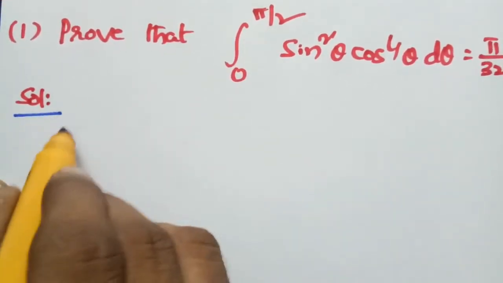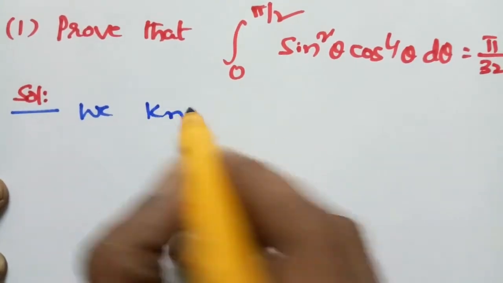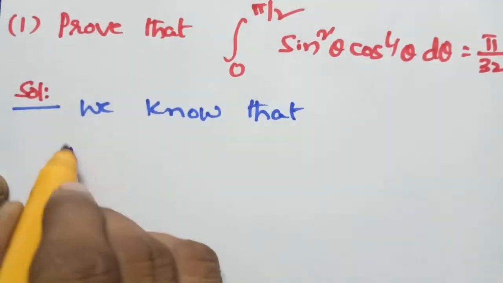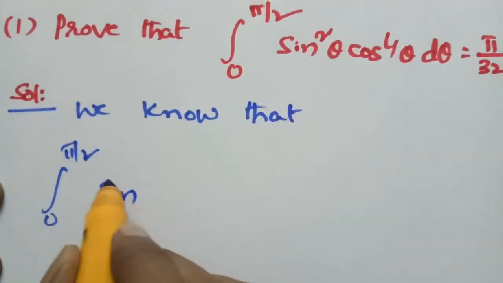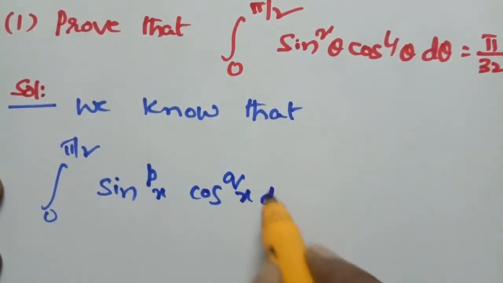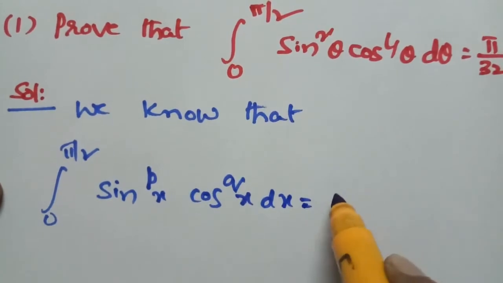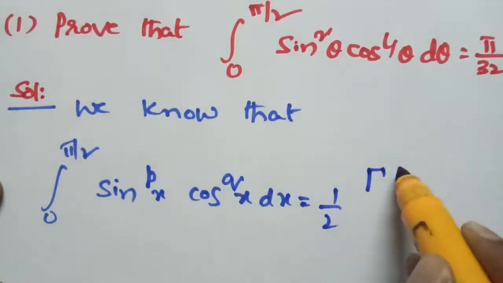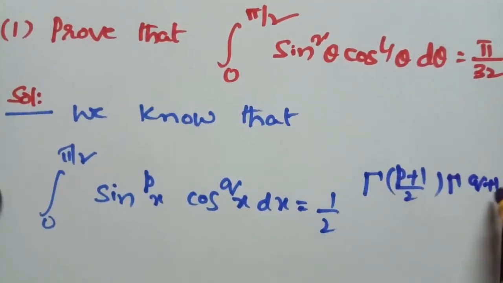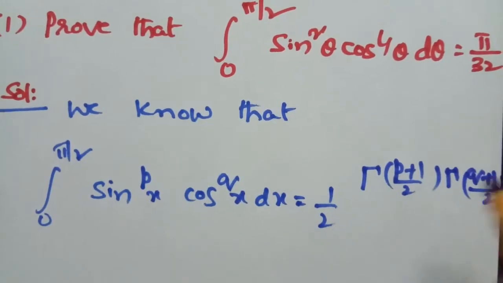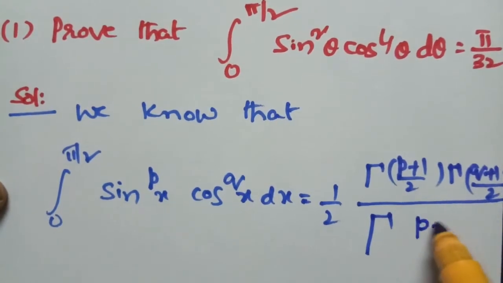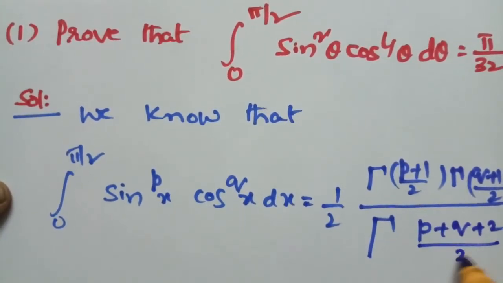Now we know that integral 0 to pi by 2 sine to the power of px into cos to the power of qx dx is equal to 1 by 2 into gamma (p plus 1) by 2 into gamma (q plus 1) by 2 by gamma (p plus q plus 2) by 2.